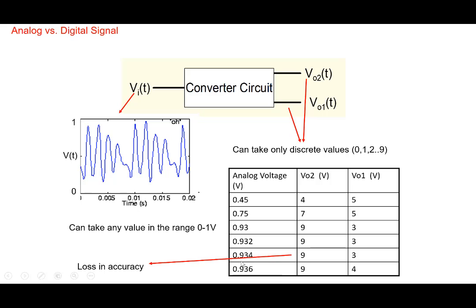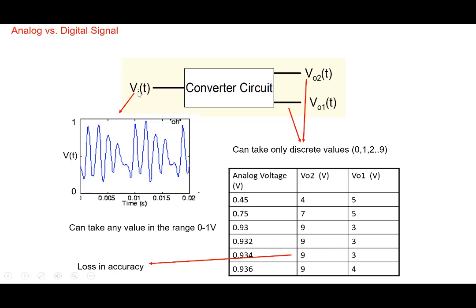All right, so there is a loss of accuracy as you can see here. 0.932 is also represented as 9 and 3. 0.934 is also represented as 9 and 3 here. So there is a loss of accuracy. After we convert it, our signal at the output is not able to differentiate between 0.932 and 0.934. And similarly, if it had been 0.931 or 0.933, we will not be able to differentiate. All of them would be represented by these two digits as 9 and 3 here. So there's a loss in accuracy.